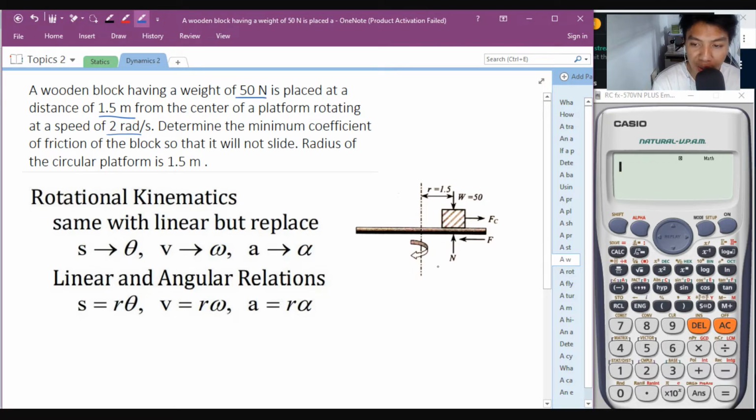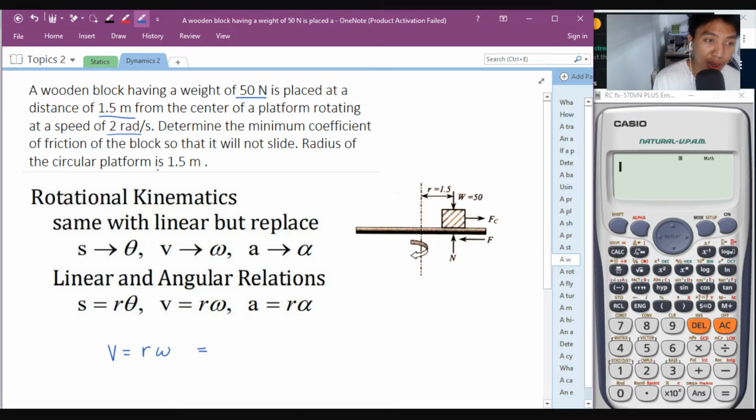So first, you have to get the linear velocity of the block. Velocity is equal to R times omega.